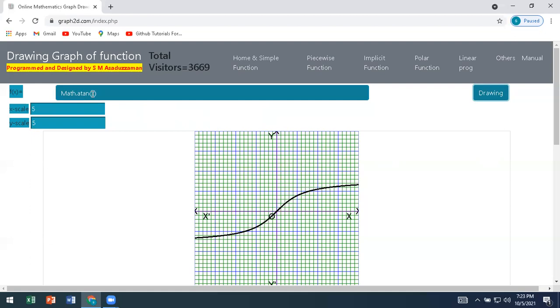If we draw the cosec inverse x graph, then we type Math.asin of 1 by x. Then we get sine inverse 1 by x, that means the cosec inverse x graph.